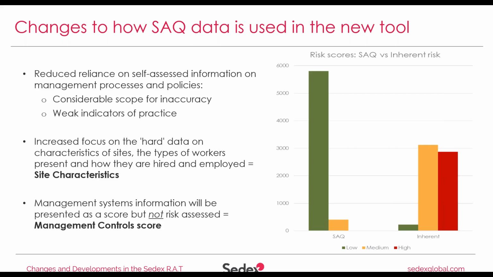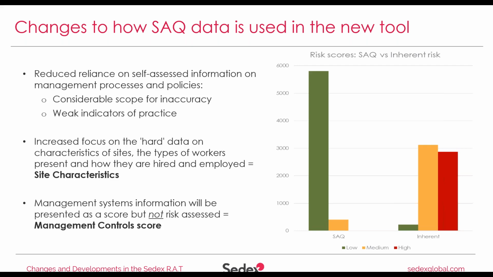So this does bring in the potential for inaccuracy. And in general, having engaged risk specialists in the development of this tool, it is also understood that self-reported information on management processes is generally considered a weak indicator of actual practice.